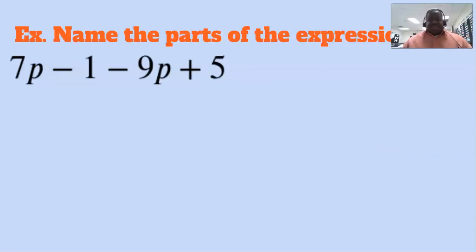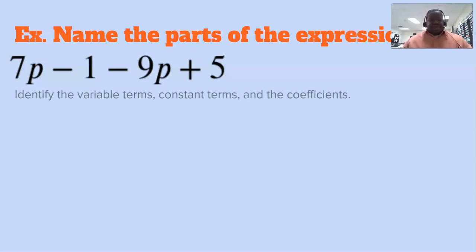All right, so let's look at an example. Name the parts of the expression 7p minus 1 minus 9p plus 5. Identify the variable terms, constant terms, and the coefficients. So let's look at our variable terms first. So variables have the letter, so we have the 7p and the negative 9p.